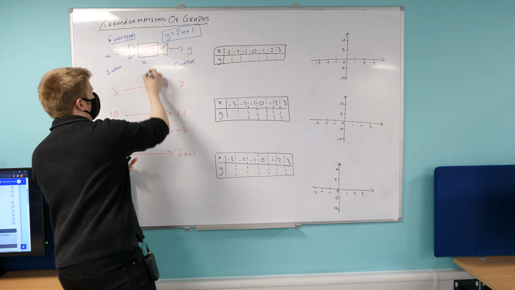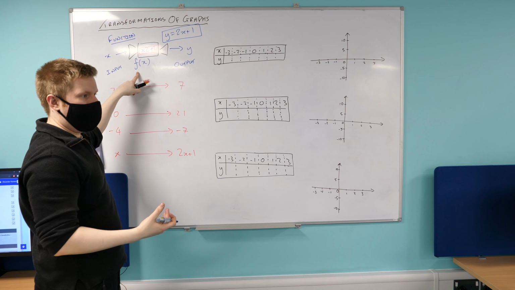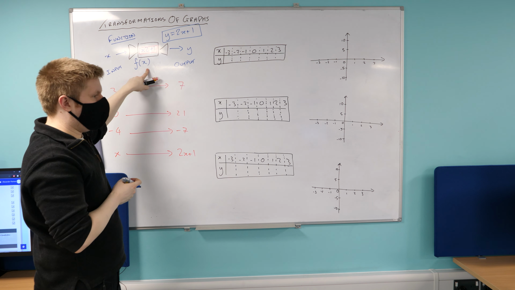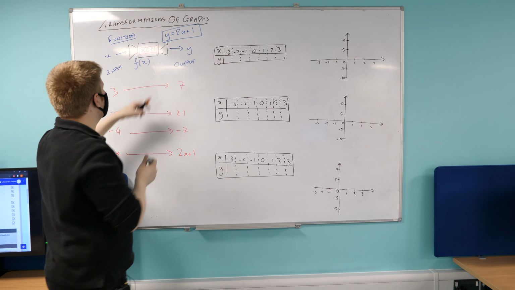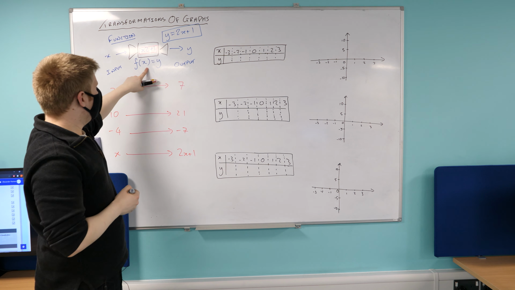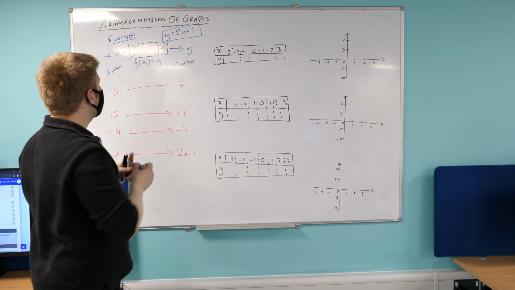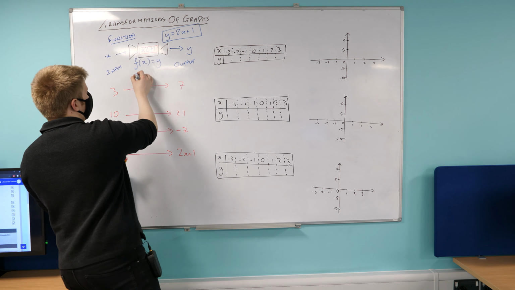I'm going to call my function f, okay? So the way I'd write this is f of x would give me my output y. I take my input, apply it through my function, and it gets my output y, and in this case, my output is given by 2x plus 1, okay?